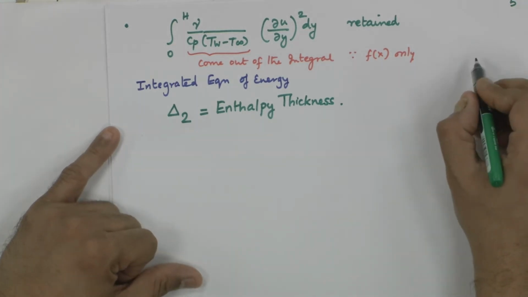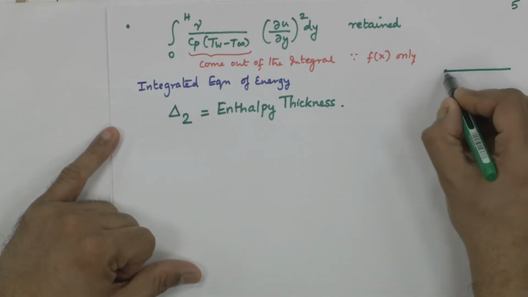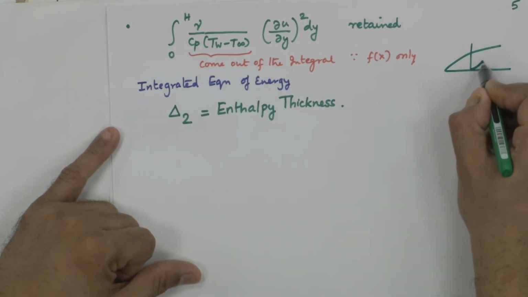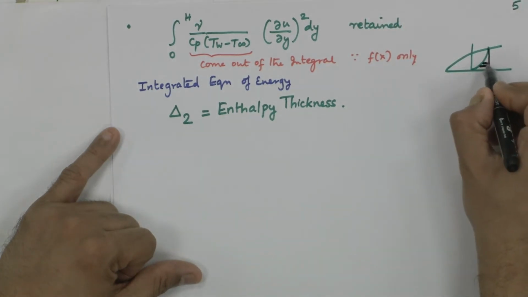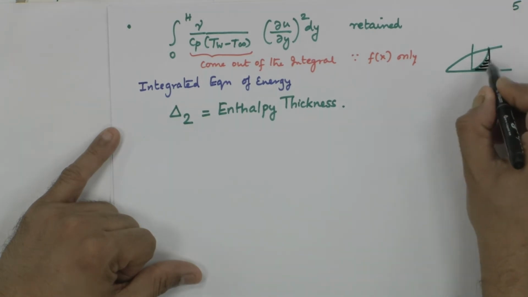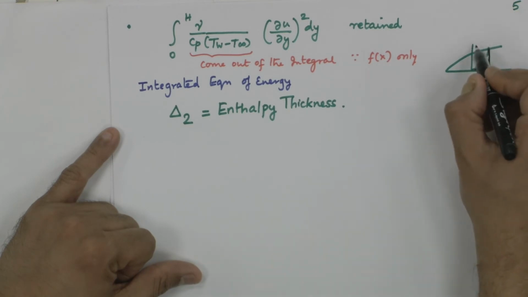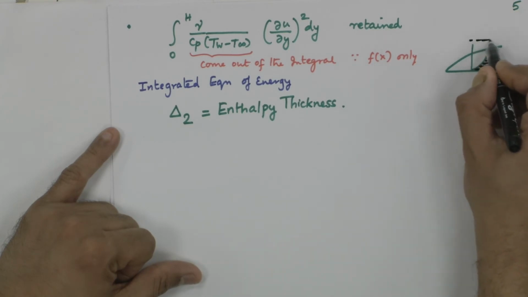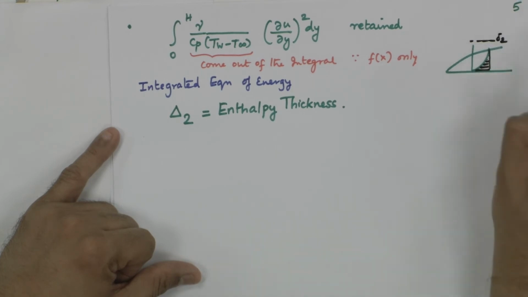The way of looking at it is the momentum deficit caused by a velocity profile. If this was u infinity and this green line represents the velocity profile, this black shaded part is the momentum deficit that is compensated by a momentum thickness delta 2.